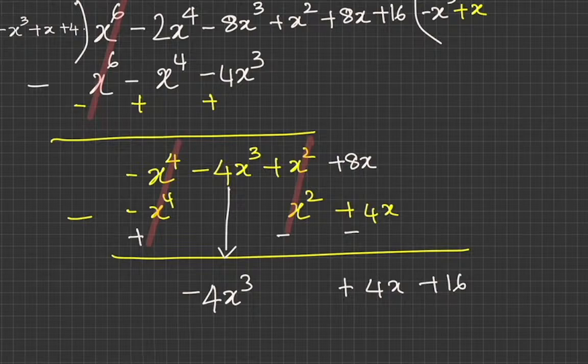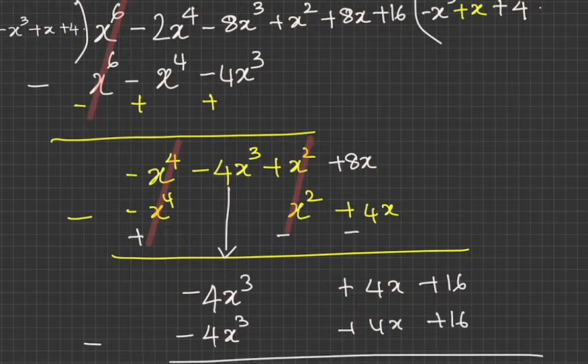This is going to be positive 4 over here, right? So I have negative 4x cubed plus 4x plus 16.